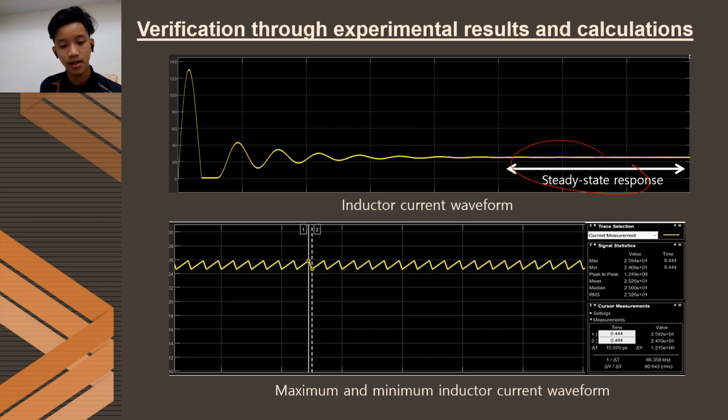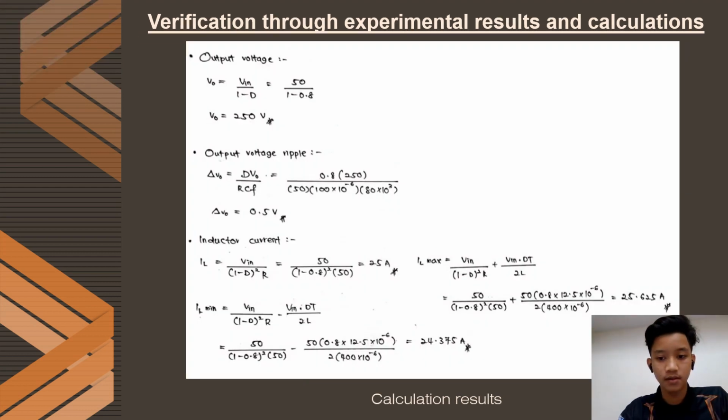If we zoom in, we can get the maximum and minimum inductor current. Here we choose the trace section, and then for the max and for the minimum.